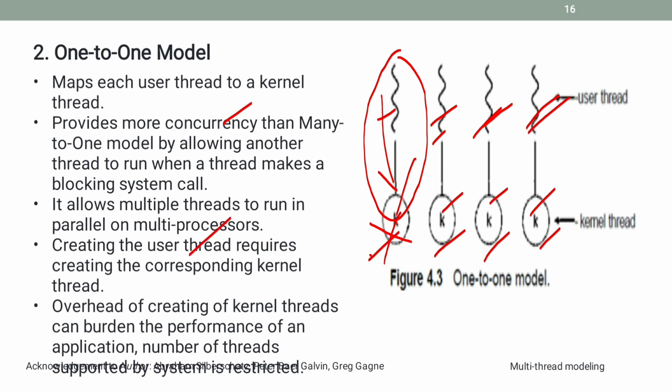Here creating a user thread also requires creation of the corresponding kernel thread. Hence it burdens the performance of the application. This is one disadvantage. And the number of threads supported by the system is also restricted.